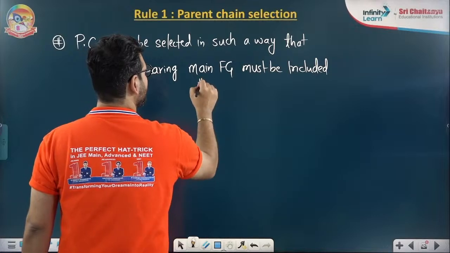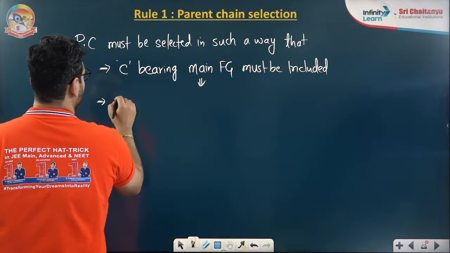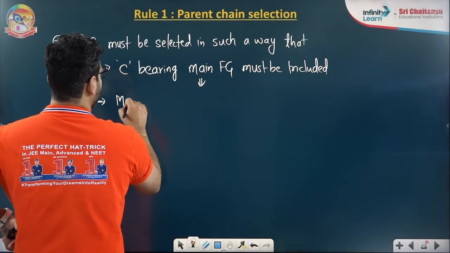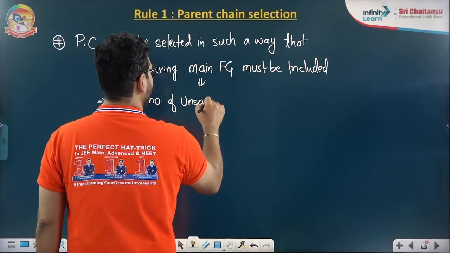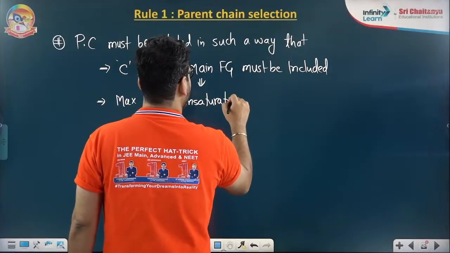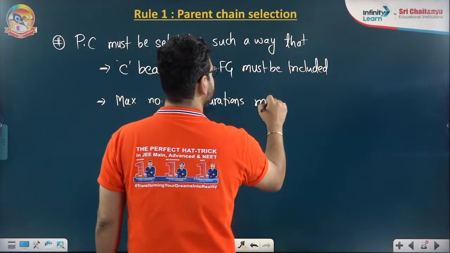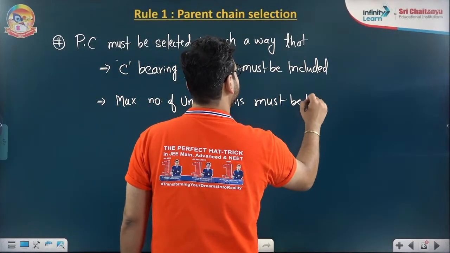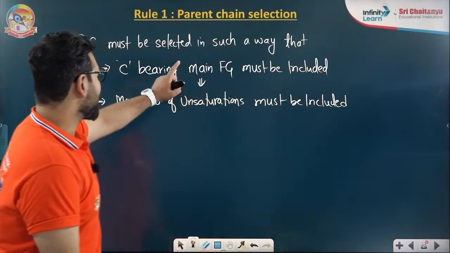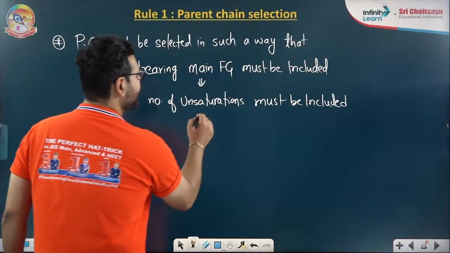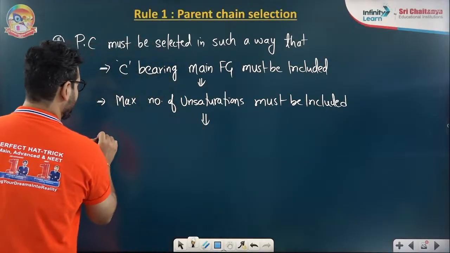After doing this, you will go to maximum number of unsaturations. Must be included. Okay. So this is the rank 1, this is rank 2. After doing this, you will go for the next step.